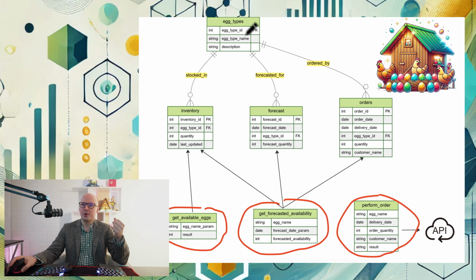So it's really important, for example, to define primary keys, to define foreign keys, to have meaningful field names, to have comments and descriptions for every table, every field, every function, and every parameter which you can pass to that function. So everything needs to be well designed, and after that, the model will be able to talk to your data and perform actions. So let's see in practice how we will do that.